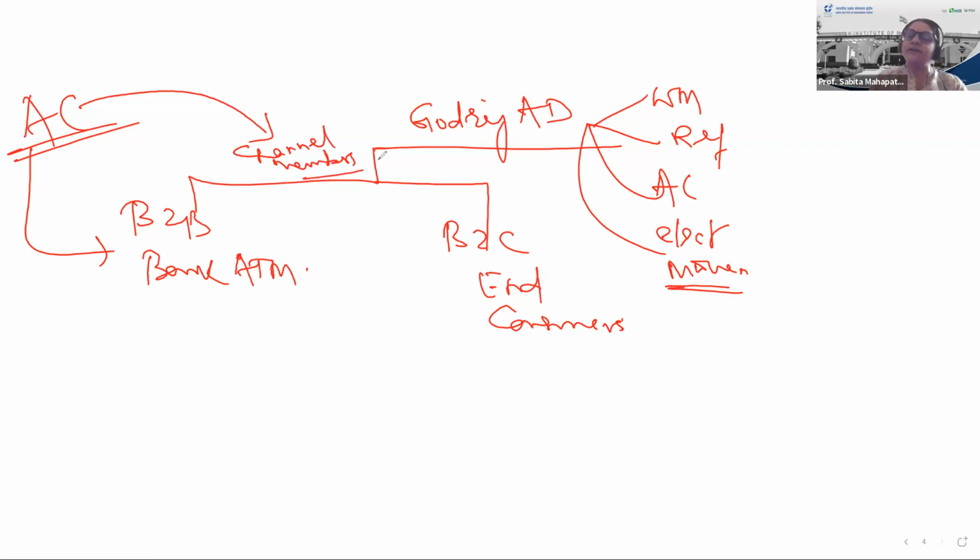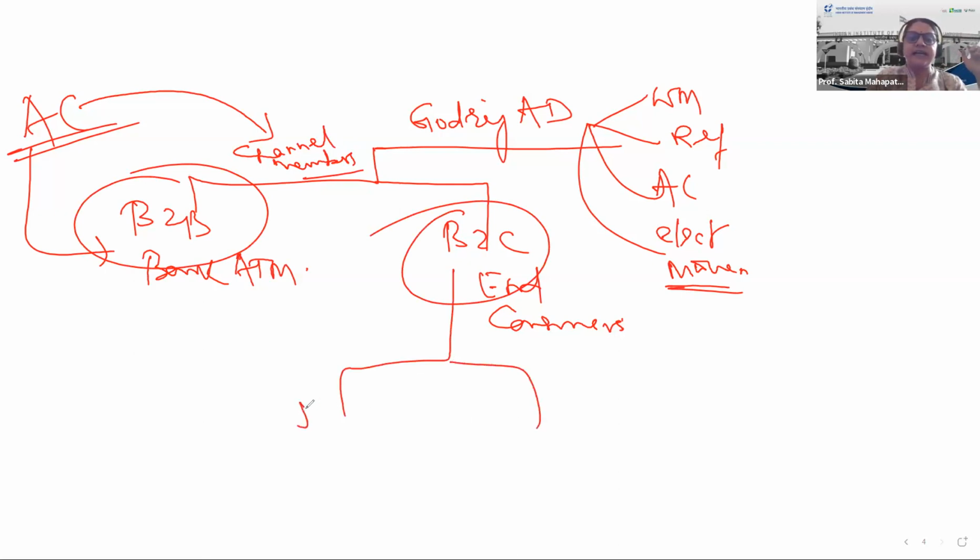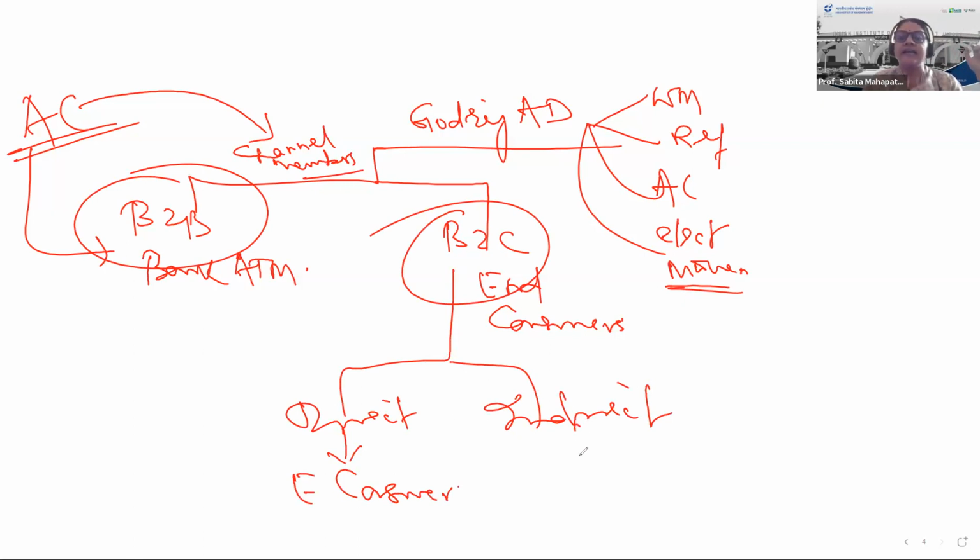So the first cut of decision will be whether B2B or B2C. If it is B2C, is it direct or indirect? If it is direct, I go directly to the end consumer without any intermediary. If it is indirect, I use channel members who will sell it to the end consumer.